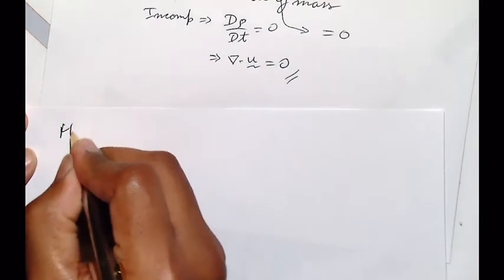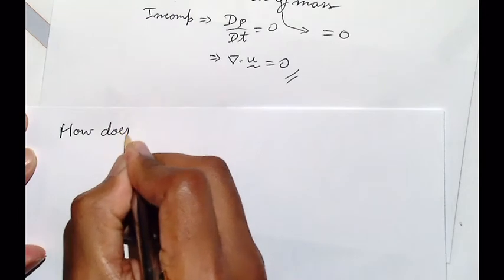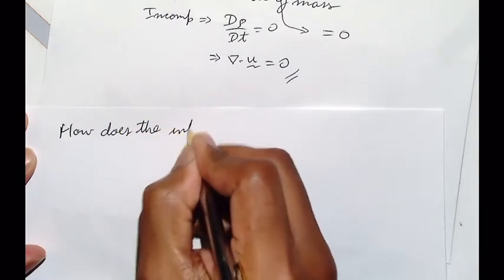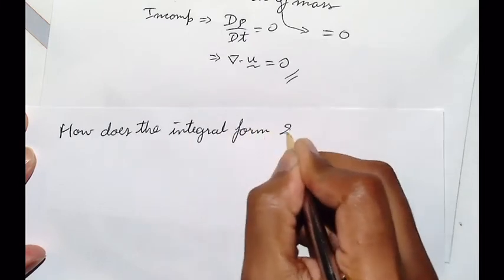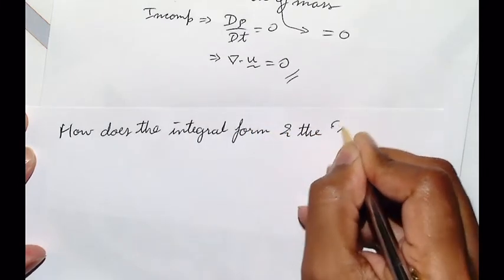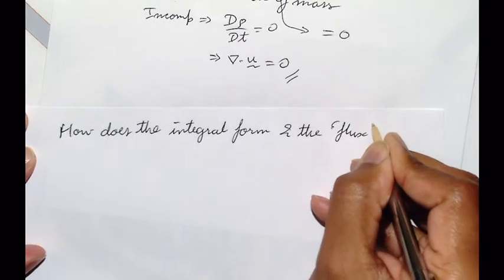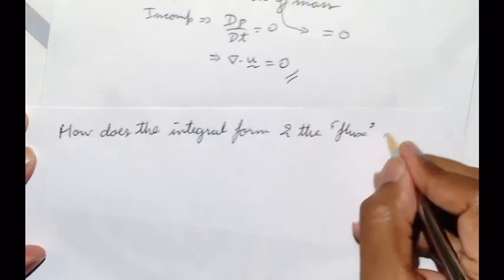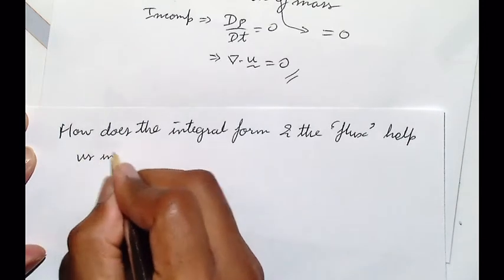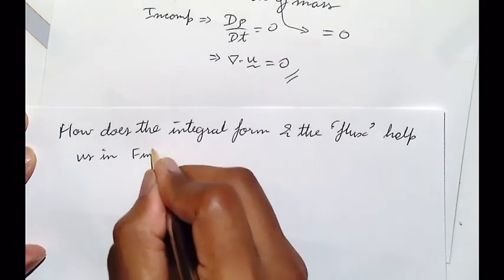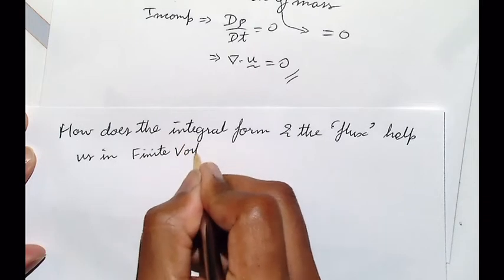So, how does the integral form and the fluxes help us in finite volume discretization?